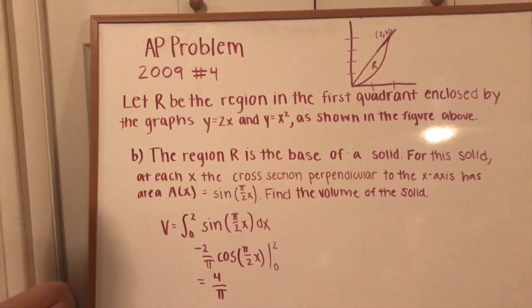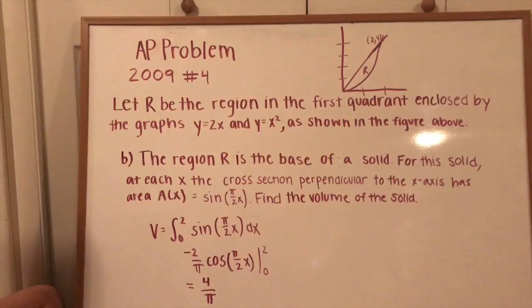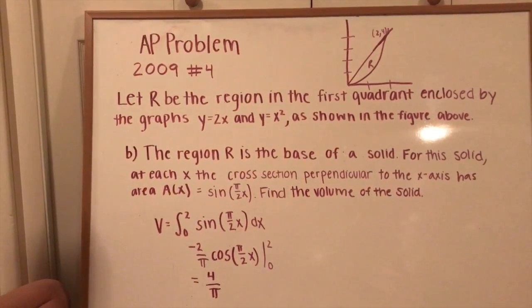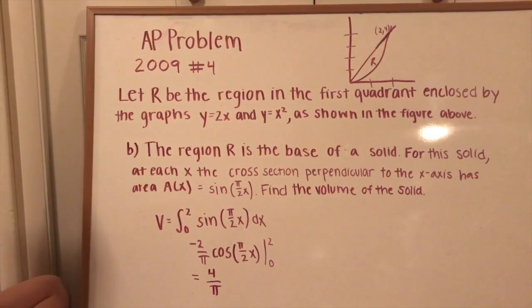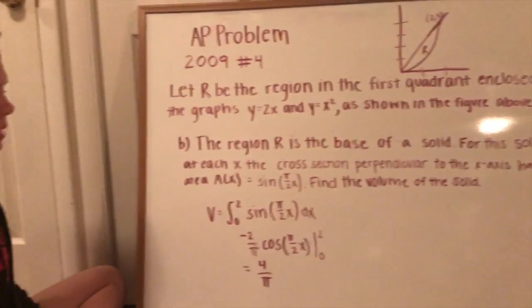So part B reads, the region R is the base of a solid. For this solid, at each x, the cross-section perpendicular to the x-axis has area A of x equals sine of pi over 2 x. Find the volume of the solid. So you're going to plug it into the volume formula.